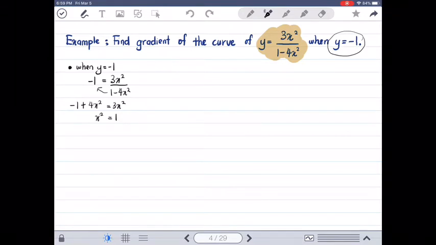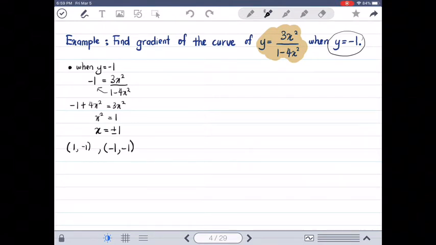So we have x equals plus minus 1, in the sense that we have two coordinates here, (1, -1) and also (-1, -1). We have two values of x. That is the first step. The second step is we find the gradient function.